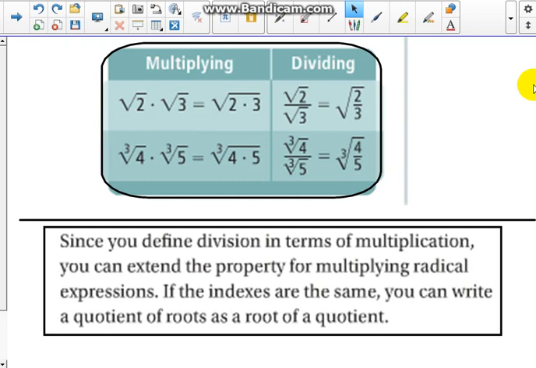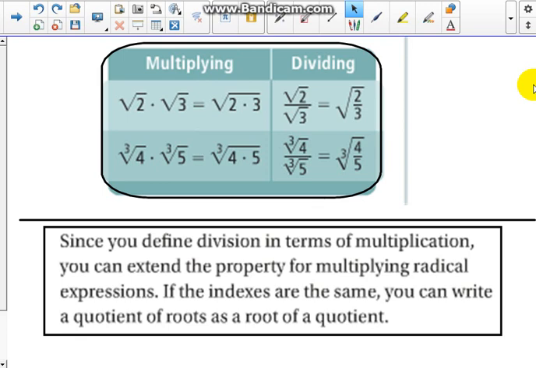Okay, so now we're back, and we're going to work on multiplying, which we did in the beginning, and dividing. So now we're going to work with division of radicals. So since we define division in terms of multiplication, we can extend this property for multiplying radical expressions. So on the left is the multiplying that we discussed earlier, and on the right is our dividing.